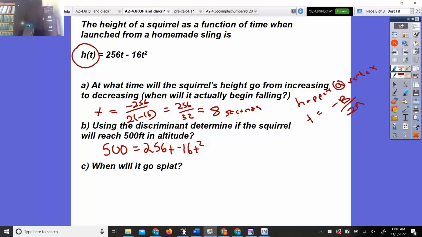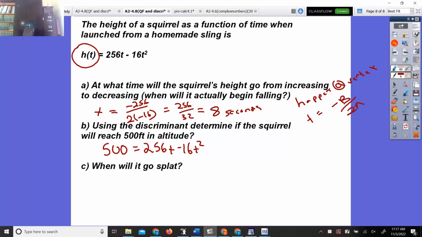No, you replace height with 500. H of t is height as a function of time. What is the known height? 500.